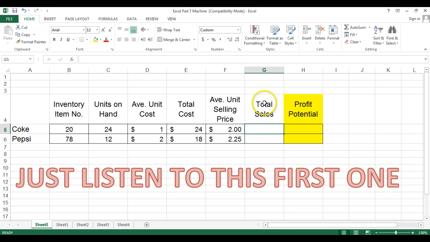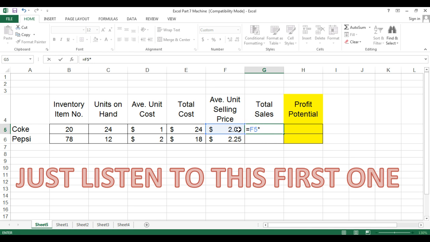Okay, so what we do, we go over to total sales. Now our total sales have something to do with the selling price. So we're going to start with our equal sign. We always start with the neighbor. Our sales and selling price, they go together. We're going to multiply. Now we're going to assume that we sold all of our product.